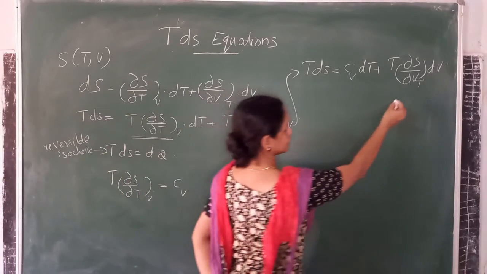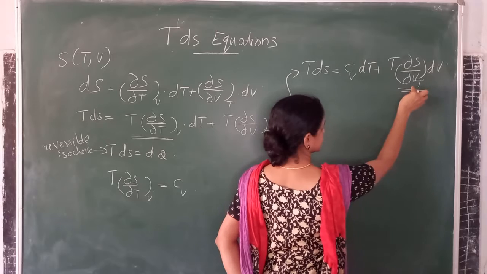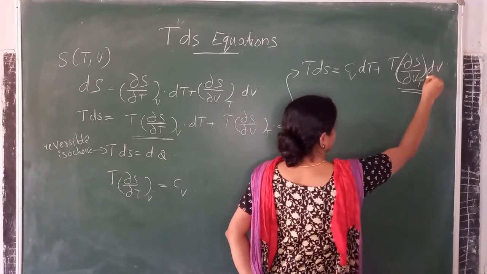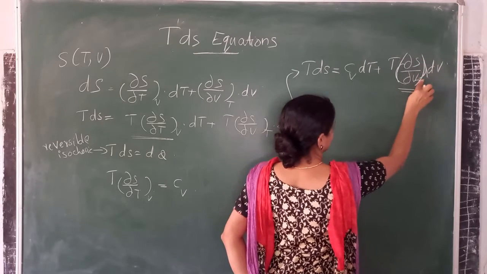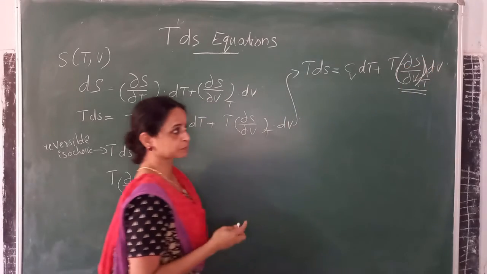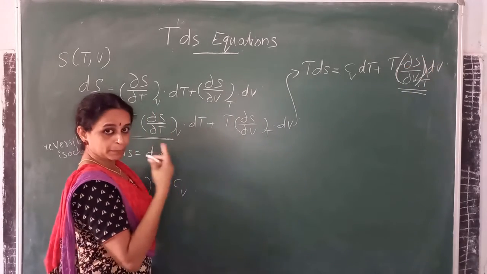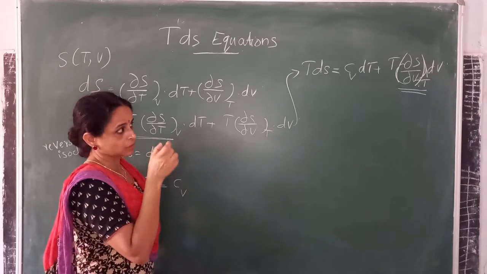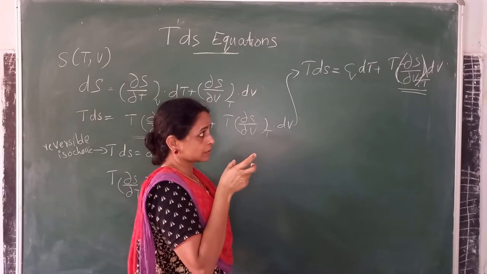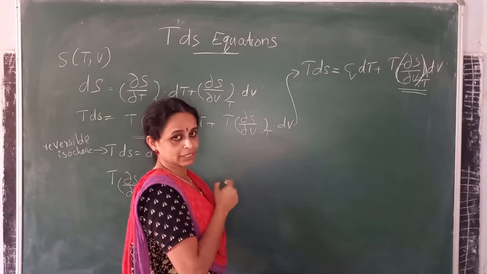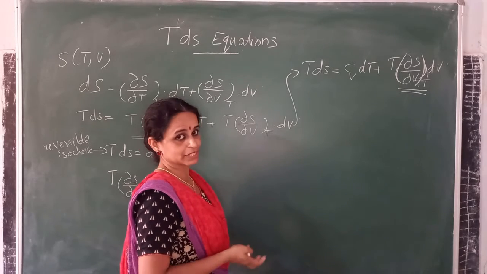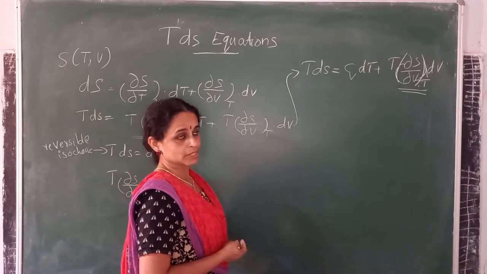So here we have this quantity ∂S by ∂V at T. This contains the entropy, so this quantity is very difficult to find experimentally. So we can replace that partial differential with some other partial differential quantities using Maxwell's equation.